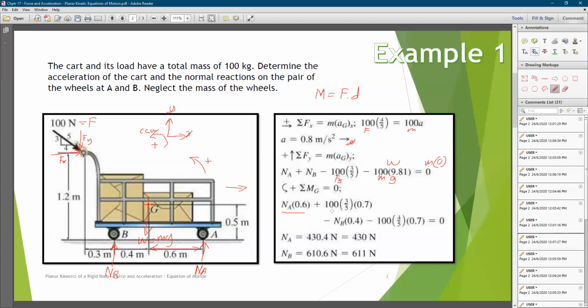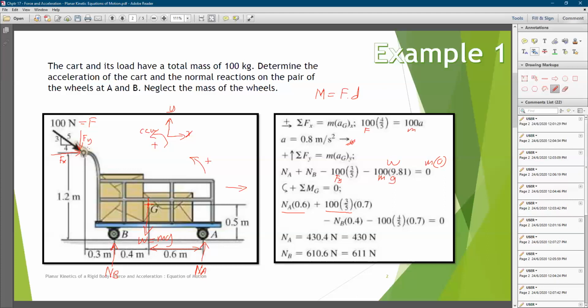And this one is the F. What we have here is Fy. This is our Fy, and it is the particular distance from Fy to the center of rotation.